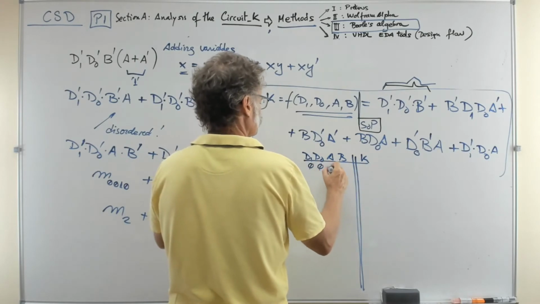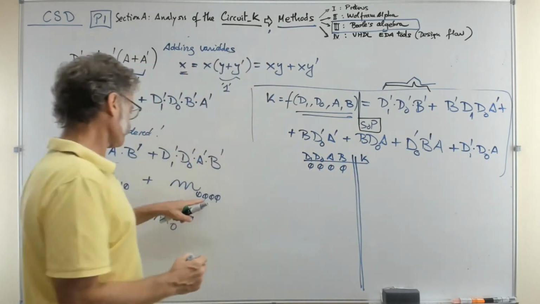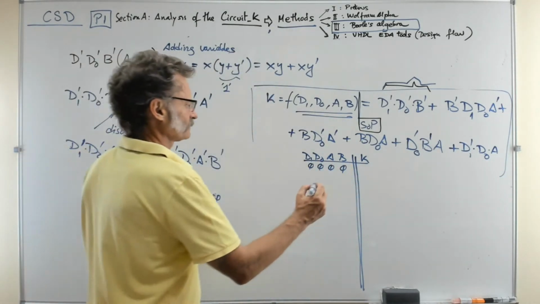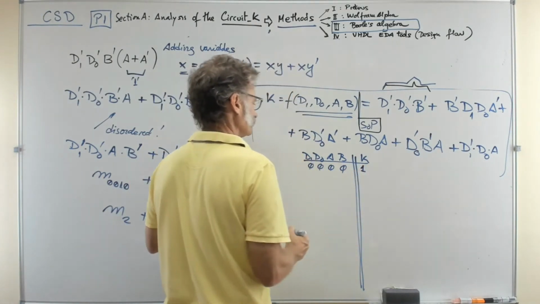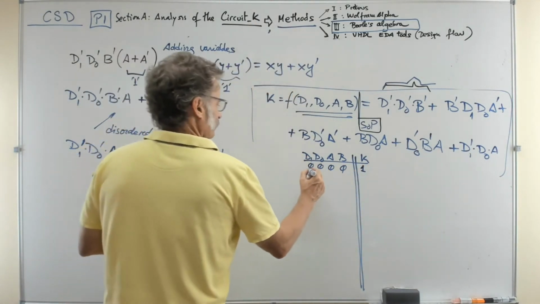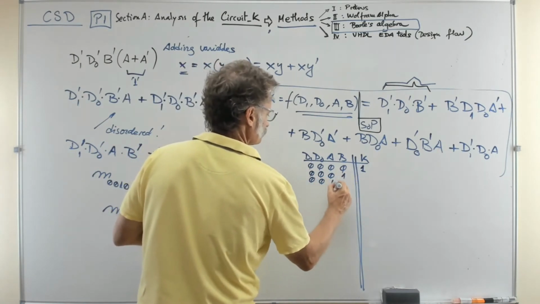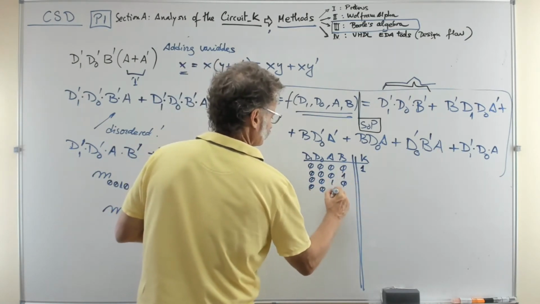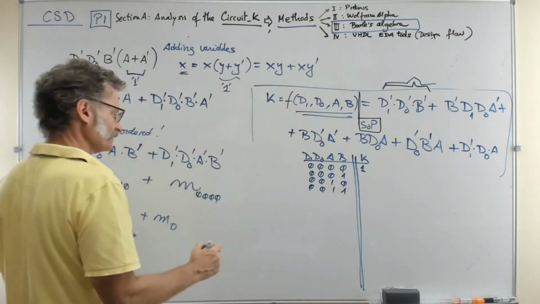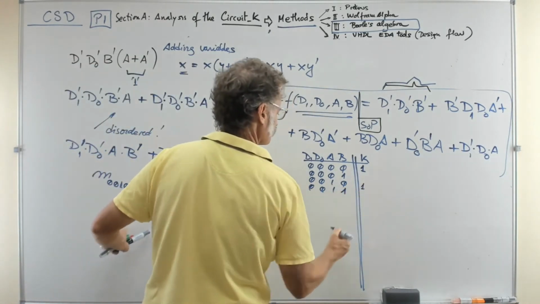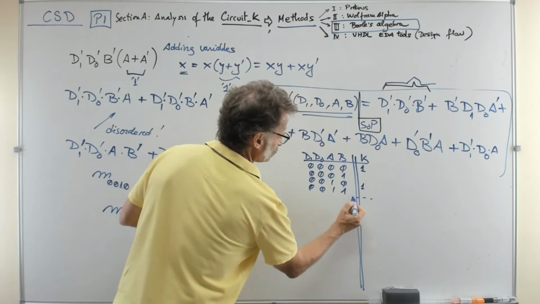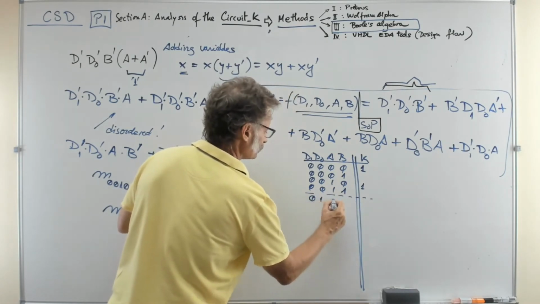So 0, 0, 0, 0, you see, this term is already a 1. So this is what you've got from this analysis. And you know nothing about any other term, but the 2. The 2 happens to be a minterm as well, okay? So now you can go composing this table like this.